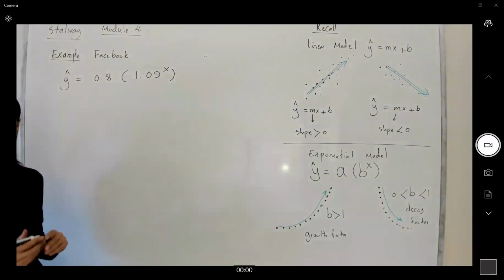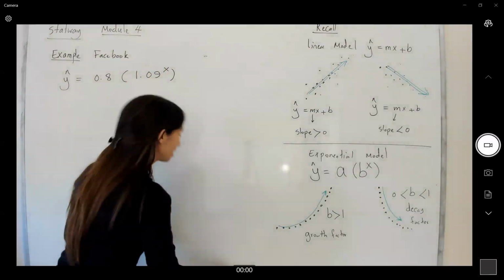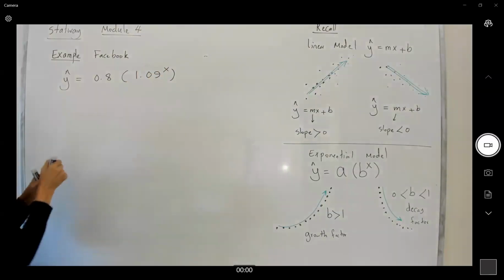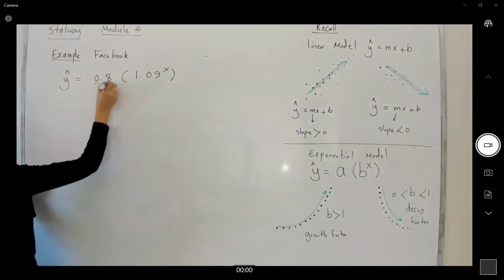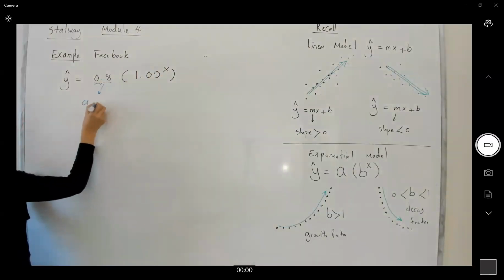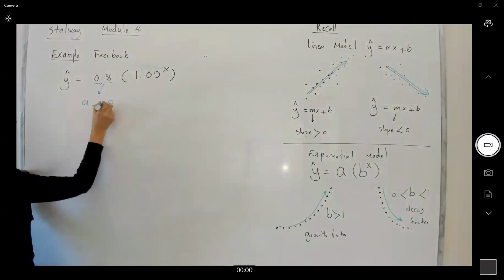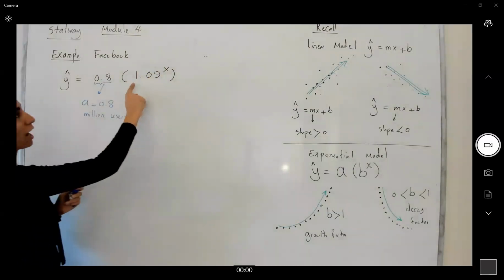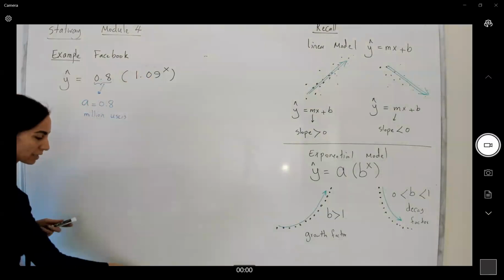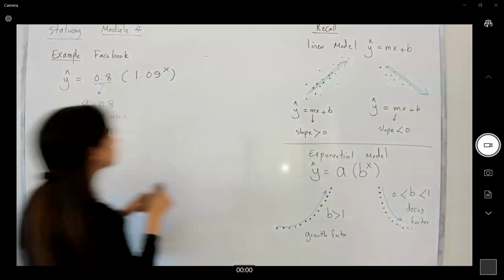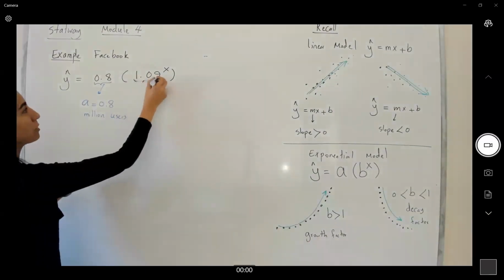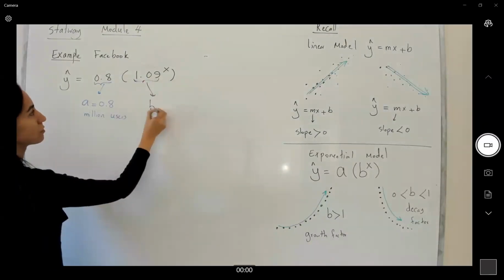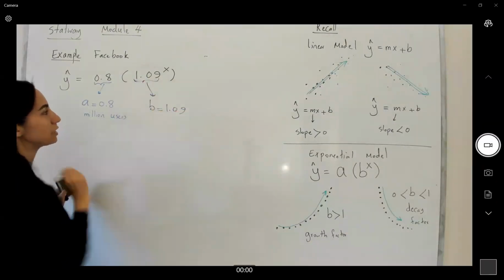Okay, let us analyze this. What do we have? We have the initial amount, which is a. Your a is 0.08 million users. Then you have b raised to exponent x, where b is 1.09.